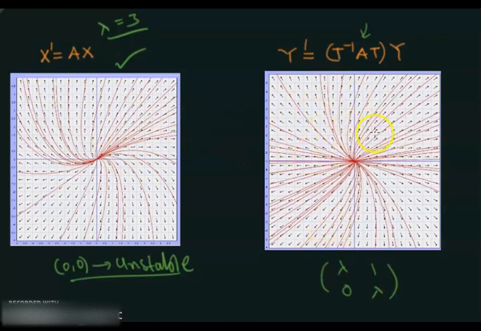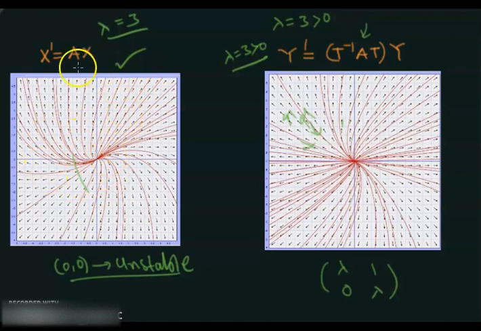This is also showing that (0, 0) is the equilibrium point, which is an unstable equilibrium point, and trajectories are moving away from the origin. It's just because lambda equal to 3 is repeated and it is positive. If it were negative, then the direction would have been inside, but now the direction is outside only because lambda 3 is positive. And this is the behavior for the repeated eigenvalue.